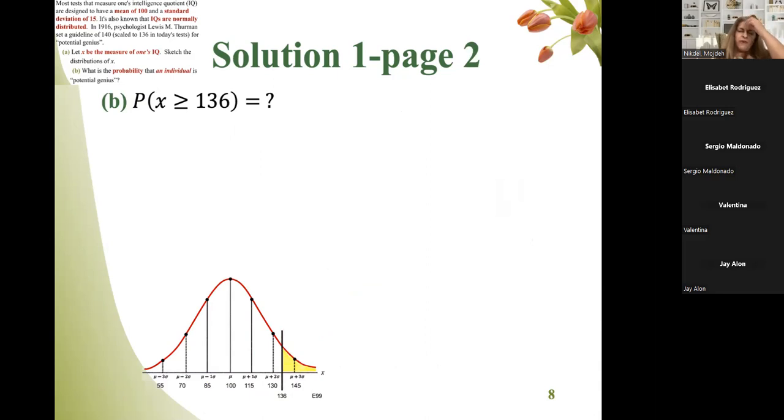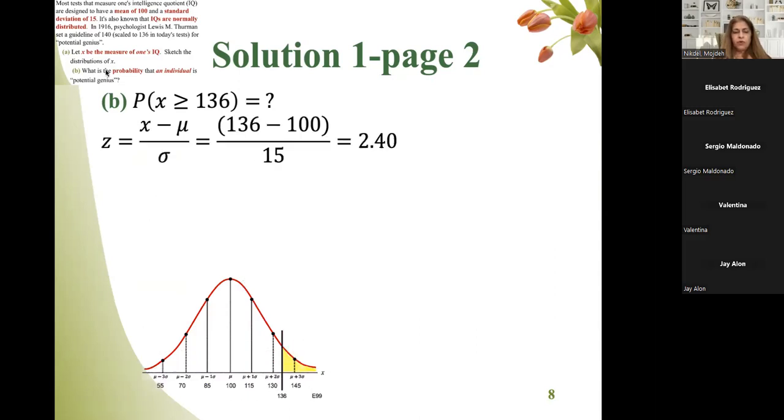In section 6.5, I showed you how to find the area for Z, not X. So you change X to Z by the formula Z equals (X minus mu) over sigma. I change the probability of X greater than or equal to 136 to the probability of Z. Z is X minus mu over sigma: X is 136, mu is 100, sigma is 15.